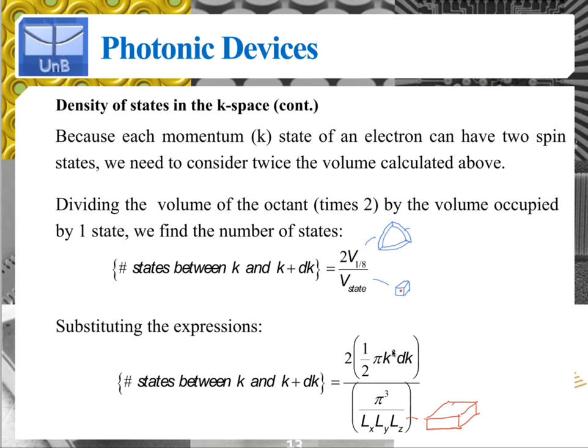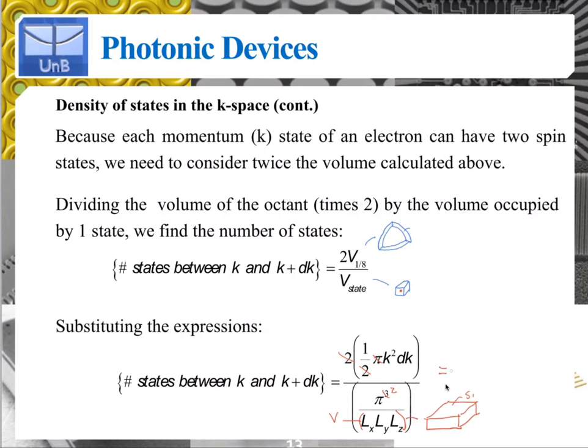So let's say this is silicon, and we're considering a chip with dimensions Lx times Ly times Lz, something like that. If you do the calculations, this can be cancelled with this. K squared does not cancel with anything. Pi cancels with pi cubed to give pi squared in the denominator. This guy right here is the volume V.